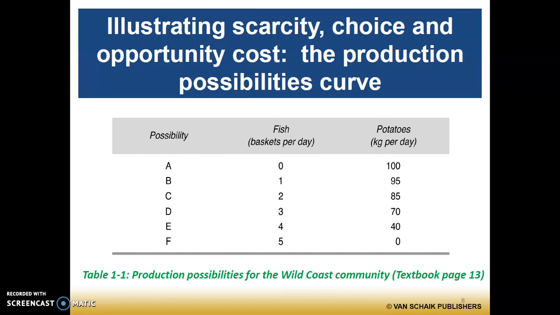Also, the curve is also called a production possibility frontier. Table 1.1 on page 13 represents production possibilities for the Wild Coast community whose main foods are potatoes and fish.